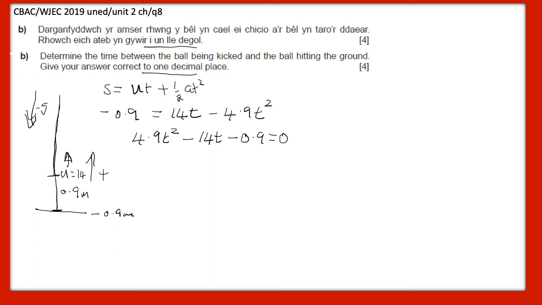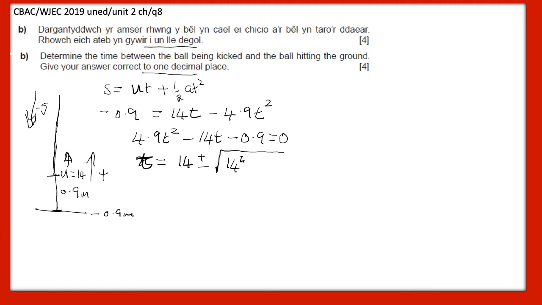Now there is no way in this world that you are going to solve 4.9t squared minus 14t minus 0.9 equals 0 by factorizing. You have got to use the formula, and it is not a bad idea under exam conditions that you actually show that you know how to plug the thing into the correct formula. You don't have to quote the formula, but if you do use a formula, make sure you use it correctly.